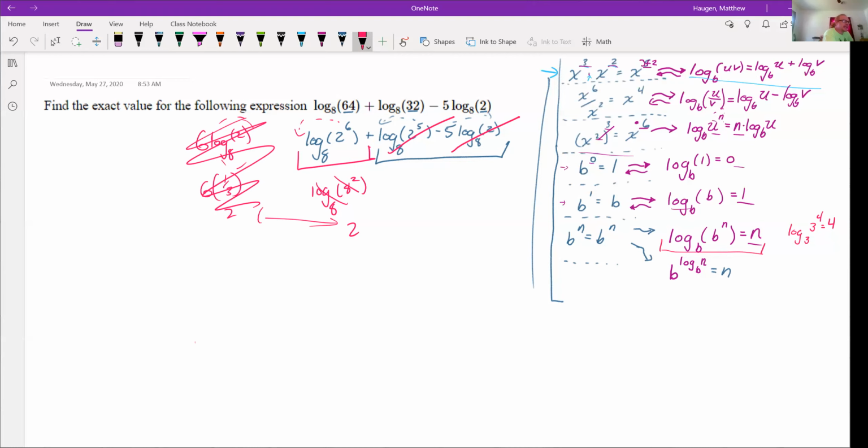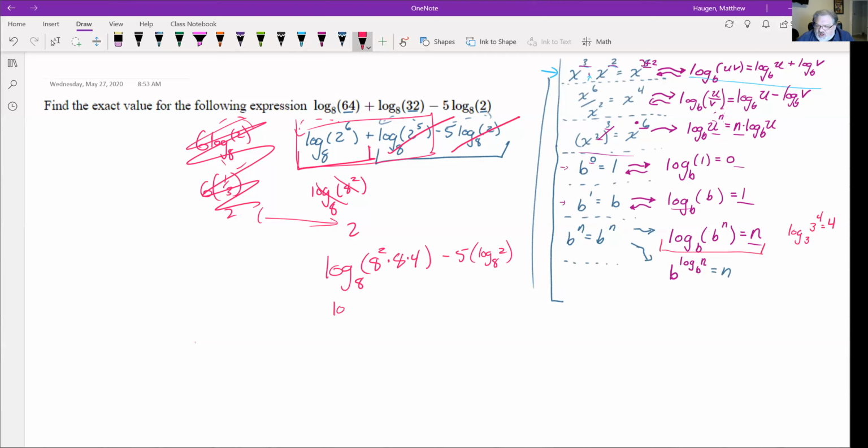I think I'm starting to get it. And it's just the ability to kind of throw these things around. Well, what if you didn't see that those subtracted and you did these two first? Well, as I said, that's log base 8 of 64, which is 8 squared, which is nice, times 32. Well, 32 is 8 times 4, right? Pull out that other 8. 5 times log base 8 of 2.